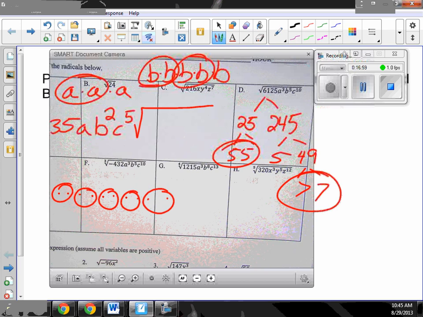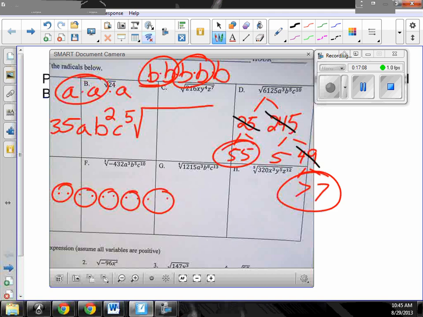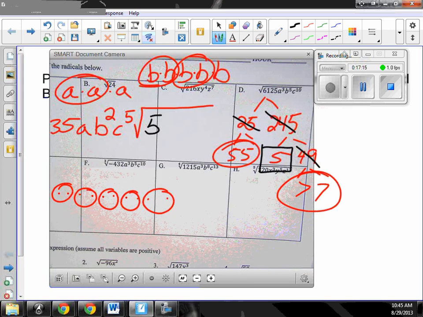What numbers did I leave behind? So if I look at my factor tree, I can cross those numbers off. The only leftover number is a 5. And then I look at the leftover variables. Did I leave any A's behind? 1.